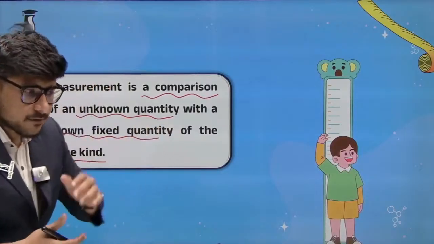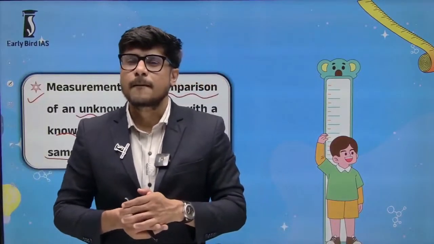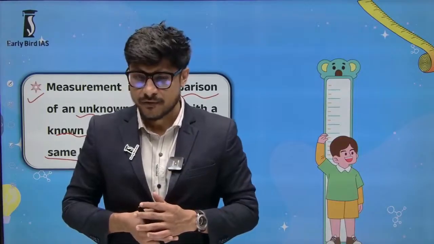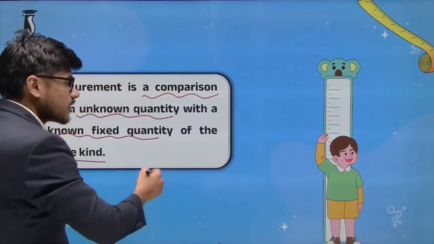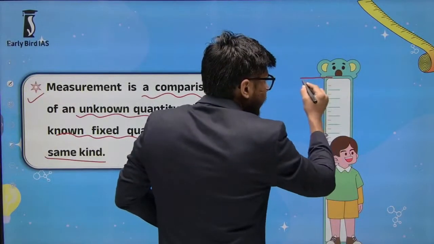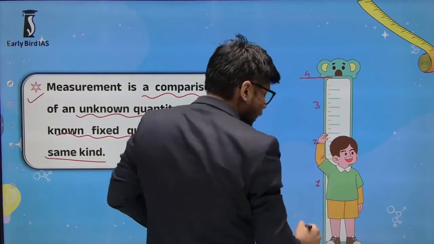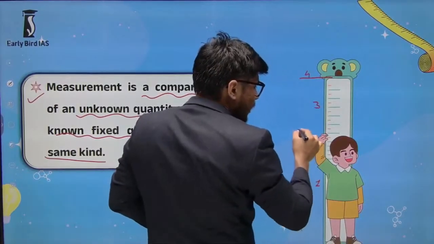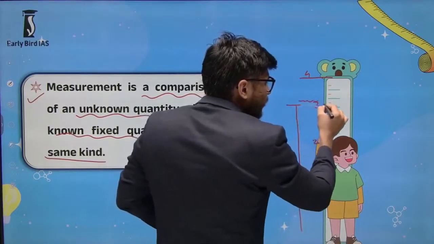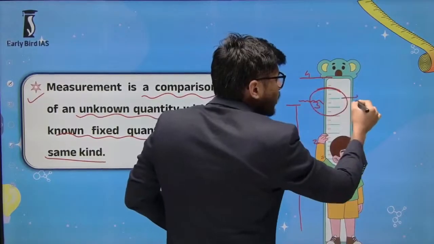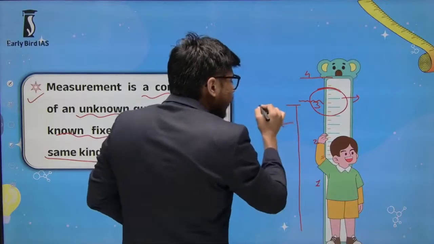Okay. For example, I measure my height, but with what? I have to create a criterion for that. I create a criterion that this is 1 foot, this is 2 foot, this is 3 foot, this is 4 foot, and I stand up here, and if I measure my height with this known quantity, from it I can derive my own height.